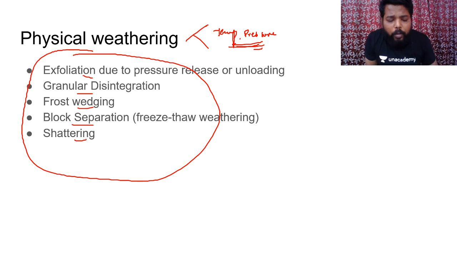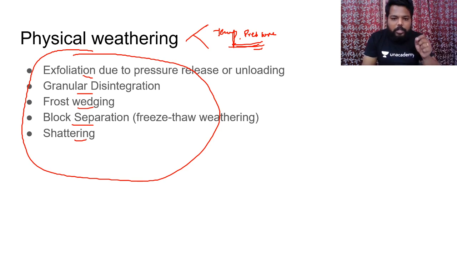And I can quote you one more example also. In higher altitude regions, we generally experience alternate freezing and thawing during the night and day. During the night, we have the process of freezing. During the morning, we have the process of thawing because the sun rays fall.